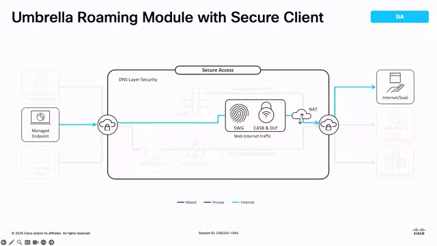Remote users is another use case. This is where you would have an Umbrella roaming module. Again, for those that are familiar with Umbrella, this is the same roaming module that is used in that platform. This would be used with the Cisco Secure Client software that would be installed on that end user's device.